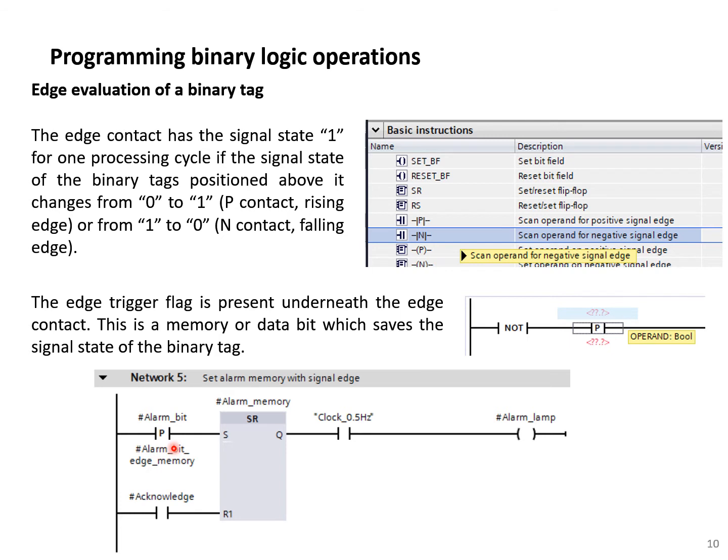Now we have another tag underneath. The edge trigger flag is present underneath the edge contact. This is a memory or data bit which saves the signal state of the binary tag. So the signal state of the binary tag will remain in this tag underneath, the edge trigger flag.